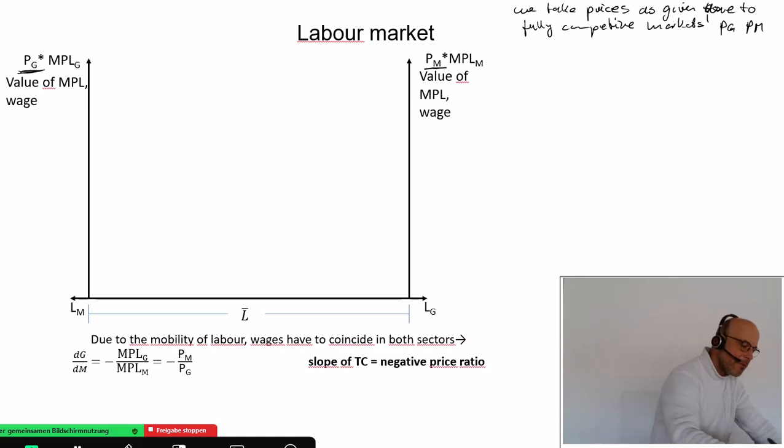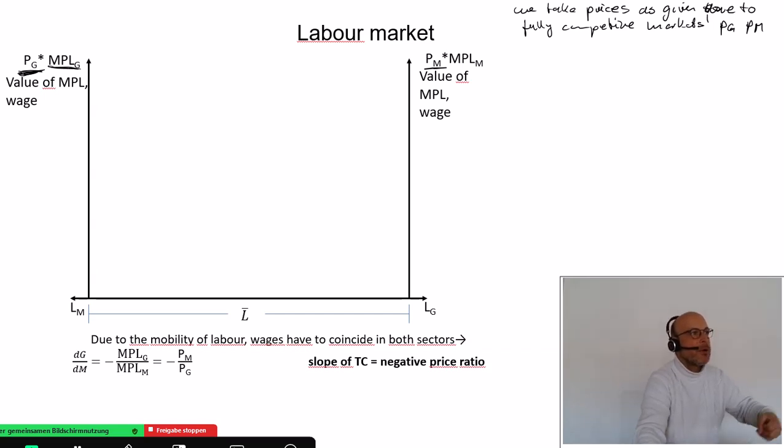So if we multiply this marginal product of labor with a constant, since prices are given, we do not change anything of the shape of our function.